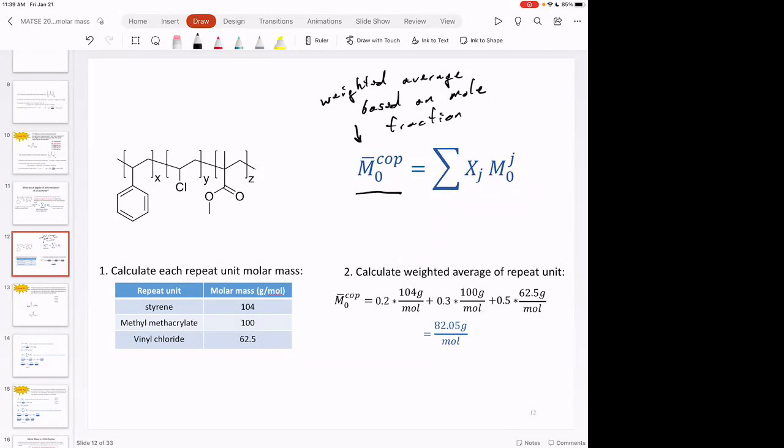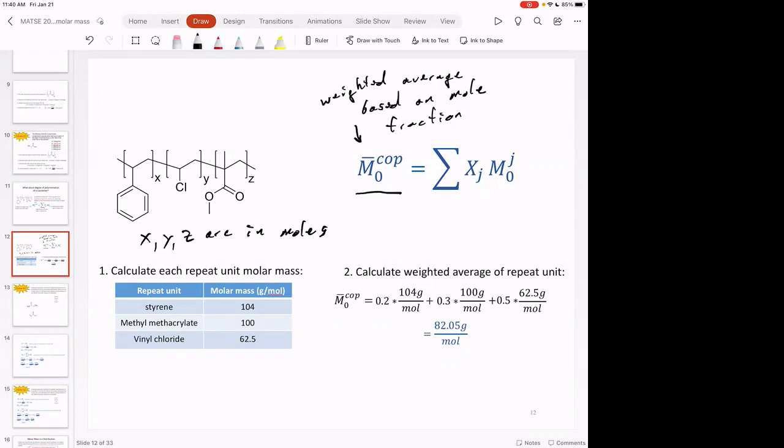So you need to know what X, Y, and Z are in moles to get your M bar 0 of the copolymer. I think you have a homework question asking you what the degree of polymerization is of a copolymer. A really good way to solve that is to figure out M bar 0 of the copolymer. Then you get the degree of polymerization of the whole thing, which is the sum of X, Y, and Z, or X and Y in the case of the homework. So you can solve it exactly the same way you would solve it for a homopolymer. You just need to figure out M bar 0 of the copolymer.